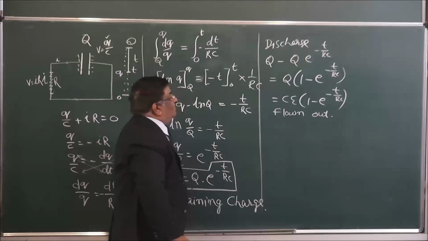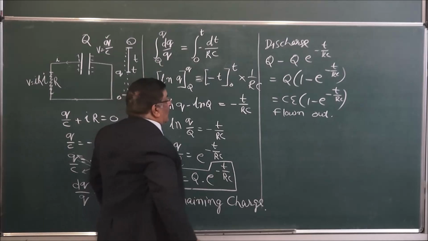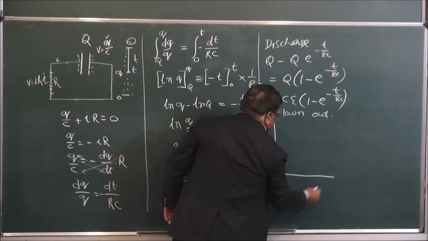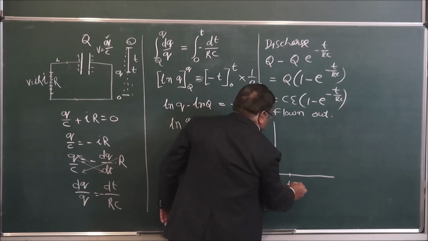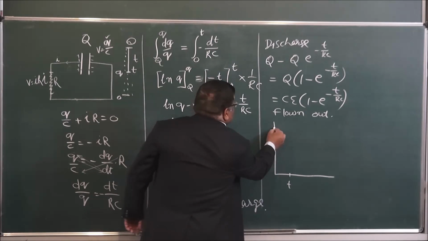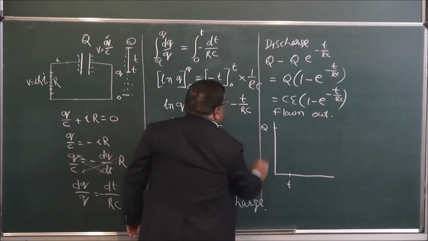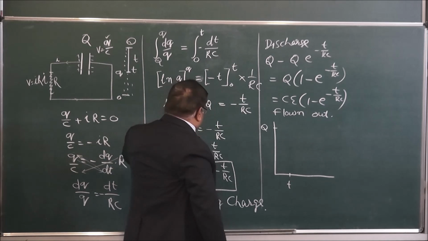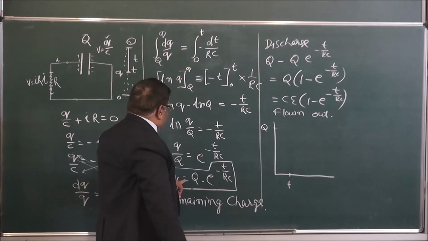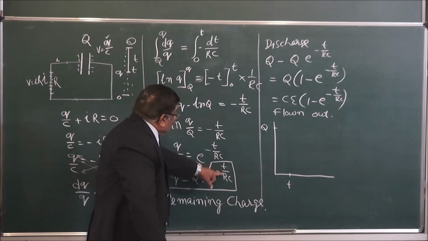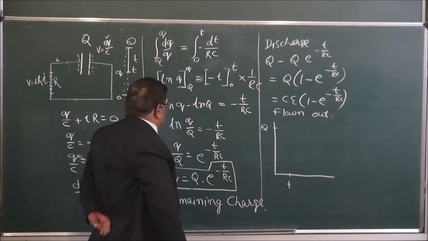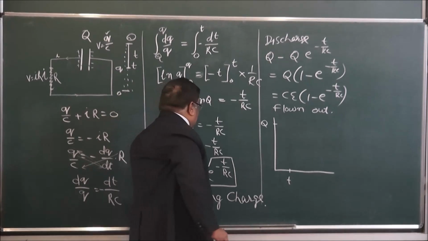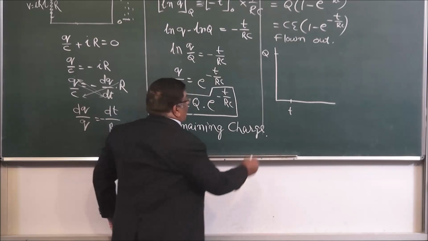And from here, we can make the graph. In time t, initially the charge was Q0, which is maximum charge, and it goes on decreasing. Here, when t is equal to RC, you can find out how much will be the charge. I will write it here this way, simplified.